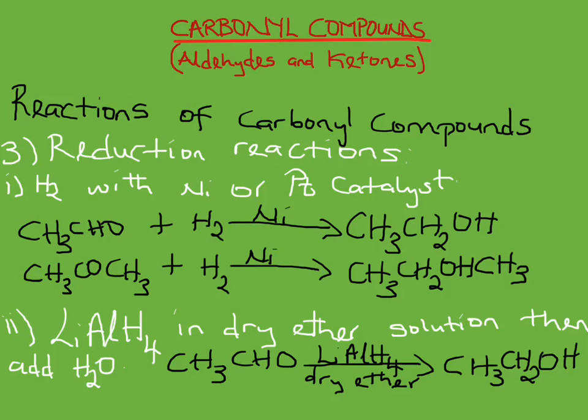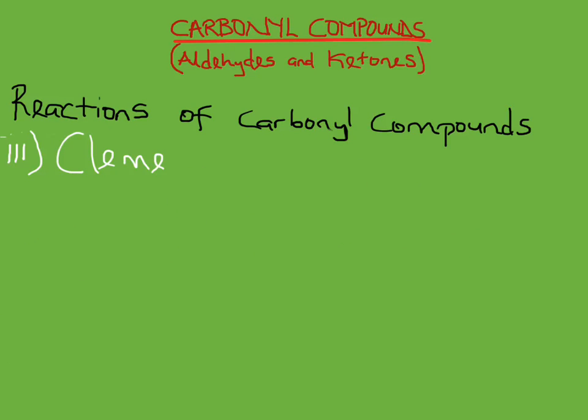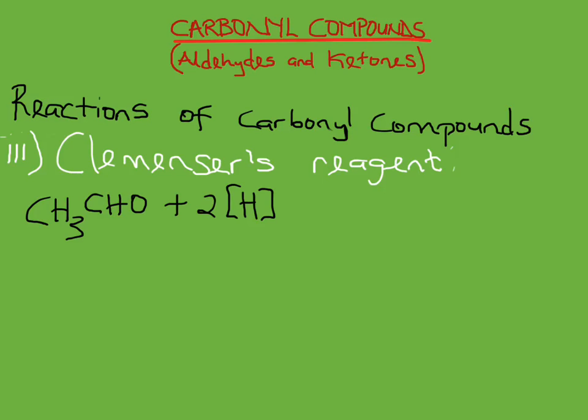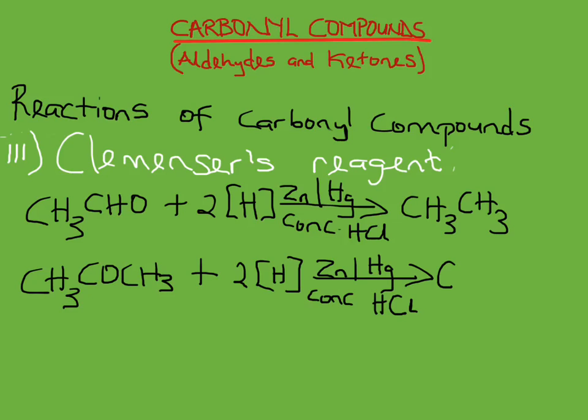And the next method of reducing is by Clemmensen's reagent. Clemmensen's reagent is amalgamated zinc and concentrated hydrochloric acid. This reduces all classes of carbonyl compounds to hydrocarbons.